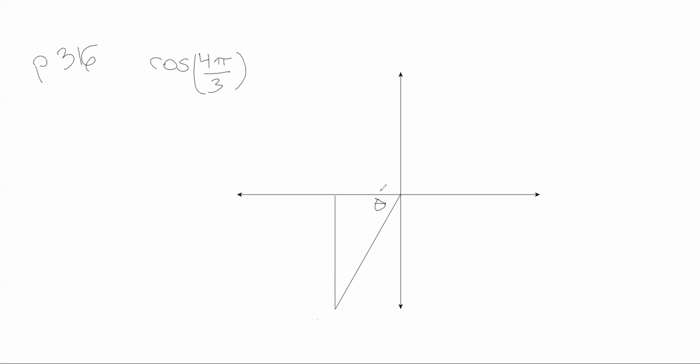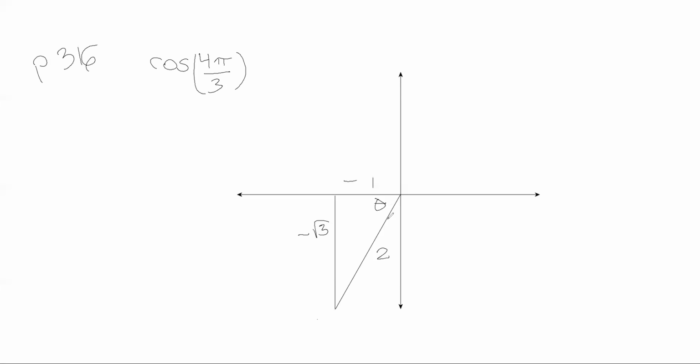So we can see that this is a multiple of pi over 3, which means that we have a 30, 60, 90 triangle with side lengths of 1, square root of 3, and 2. Except because we're in quadrant 3, all students take calculus tells us that we have a negative 1 for x, negative square root of 3 for y, and then r is just going to be 2.